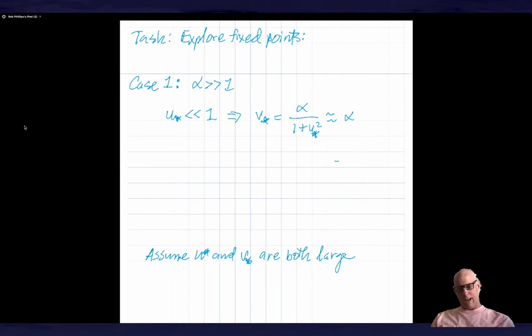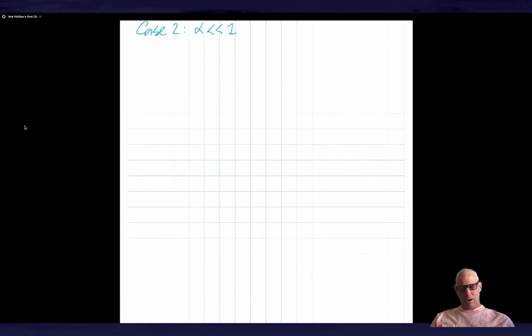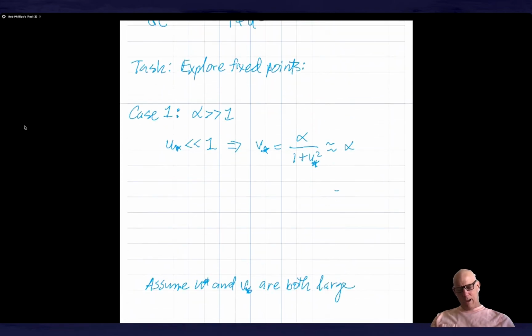So let's just check that out. If we write down in steady state what V star is, it's alpha over 1 plus U star squared, but U star is small by assumption, and therefore V star is of order alpha. And now we can compute what U star is.